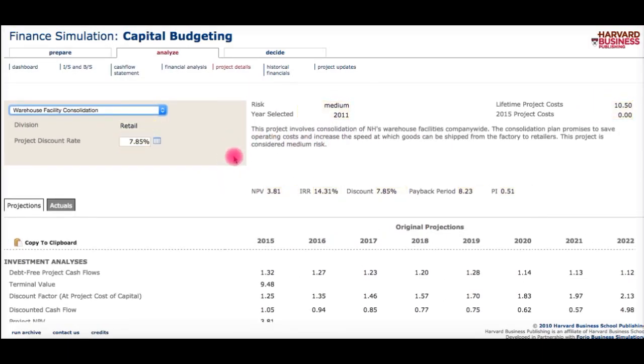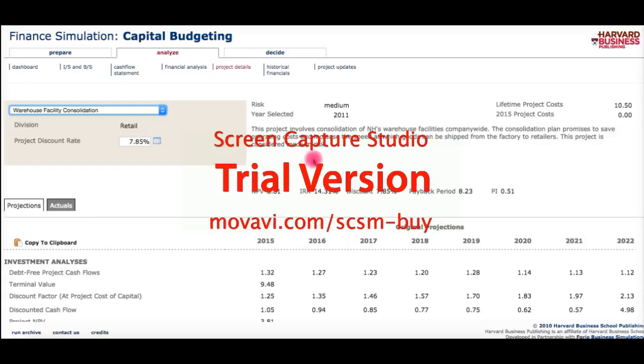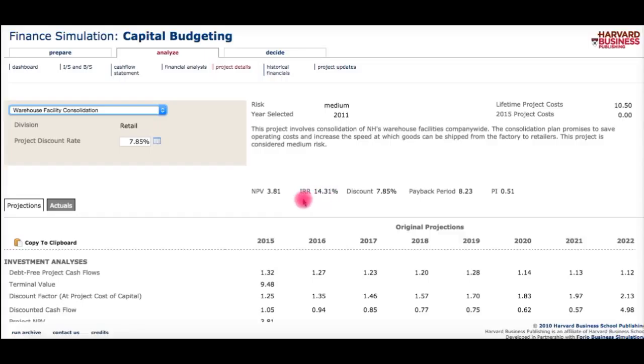This one would be considered a replacement project. These kinds of projects replace pieces of the production, so manufacturing and everything. It would end up saving you money in the long run, but that means that the NPV and the internal rate of return aren't going to be as high. They're not going to actively earn you money, but they're going to save you cost later down the road.